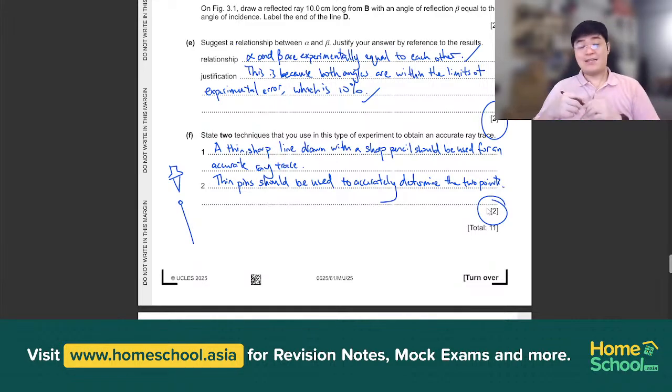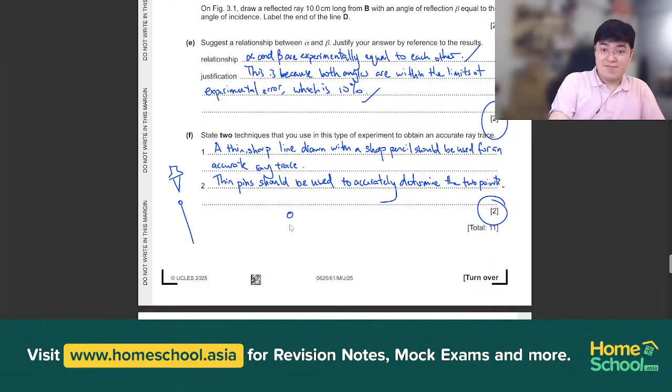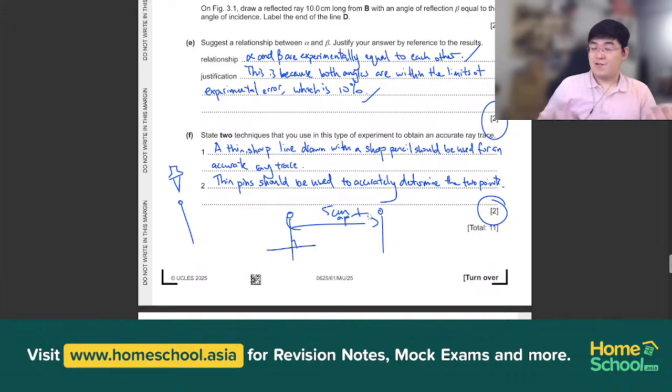And what are the other answers you can write? For example, you have to make sure your pins are pinned down vertically to be as accurate as you can, and your pins can be roughly 5 cm apart or more for a much better distance, easier to determine your line.